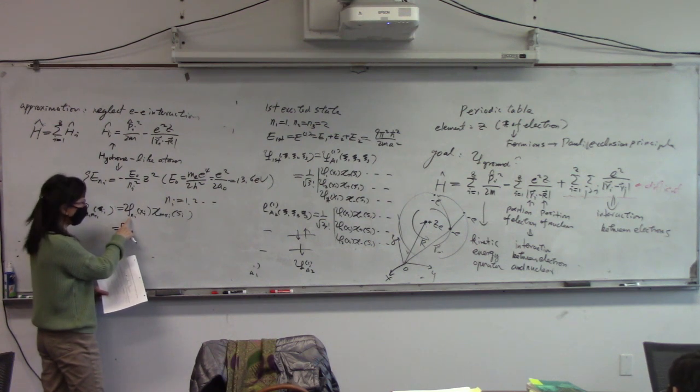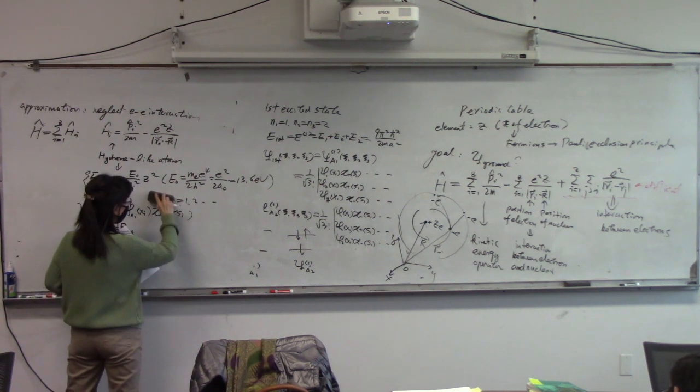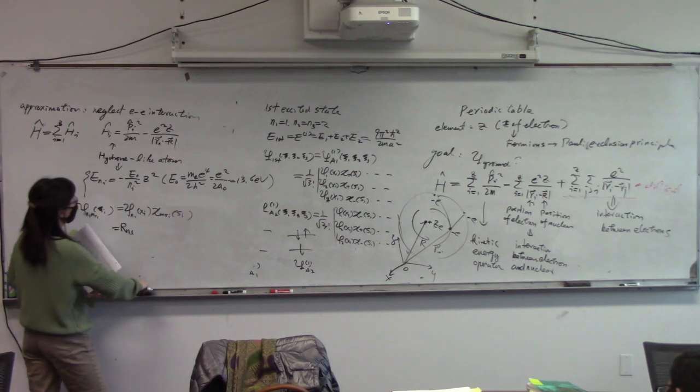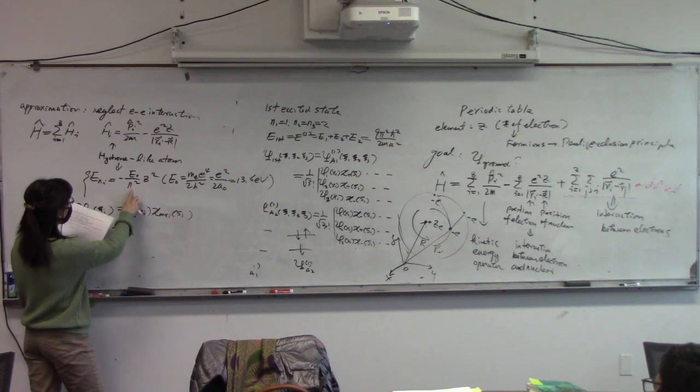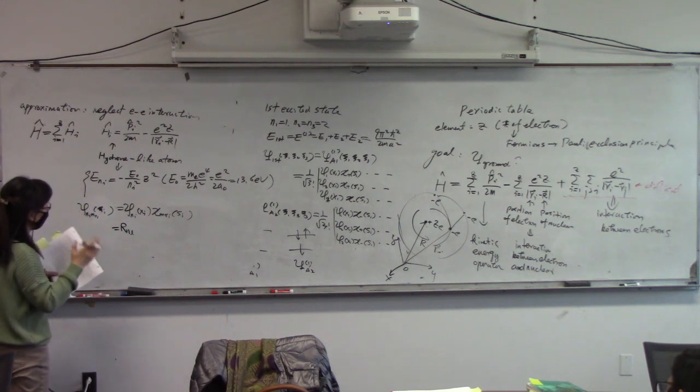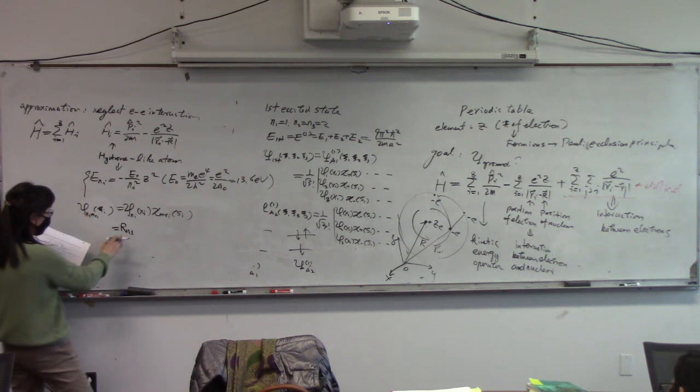So let me remove this one, otherwise it will be confusing. You know the index, because we have too many n.